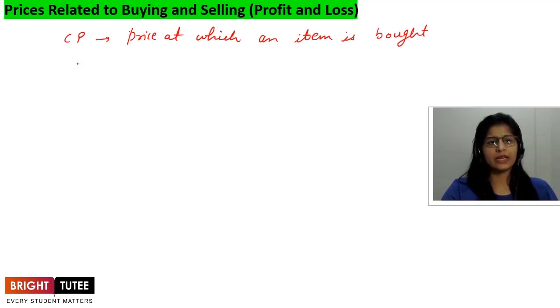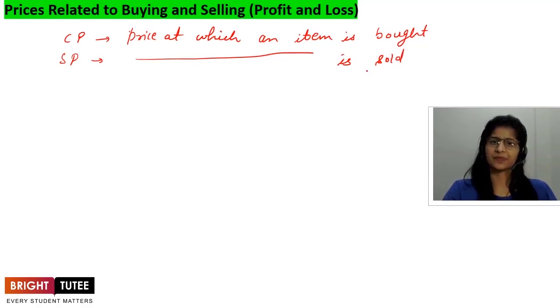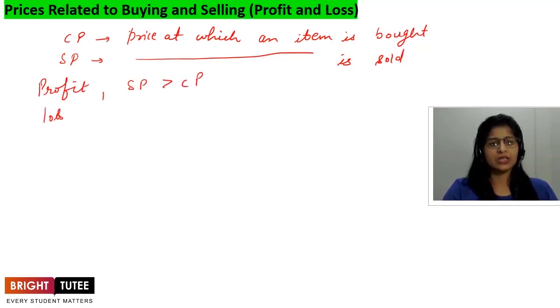SP is for selling price, the price at which an item is sold. Clear? We are at a profit when selling price is greater than cost price, and we are at a loss when selling price is less than cost price.